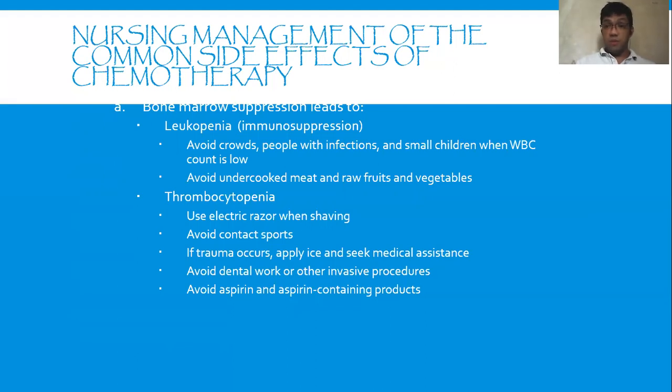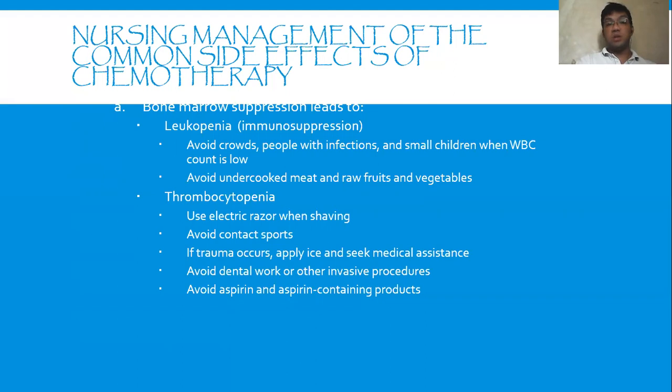So once the bone marrow is suppressed, leukopenia occurs. Leukopenia meaning there's a low white blood cell count. So if that happens, there is immunosuppression. The immune system is going to go down.